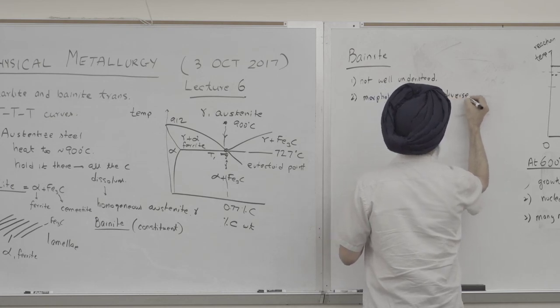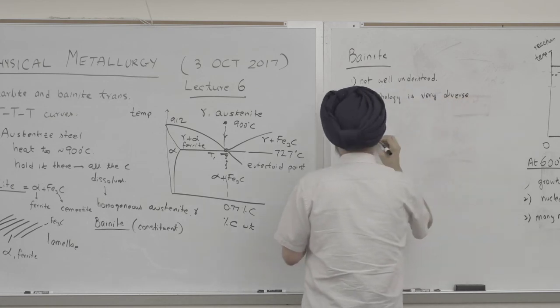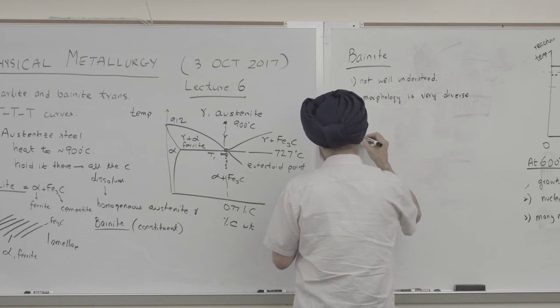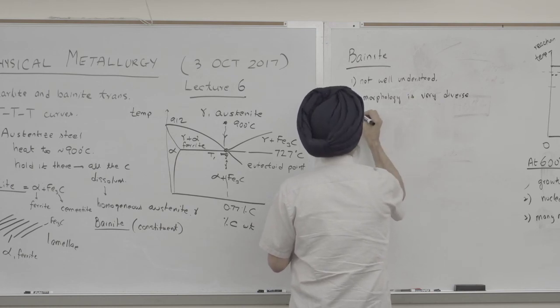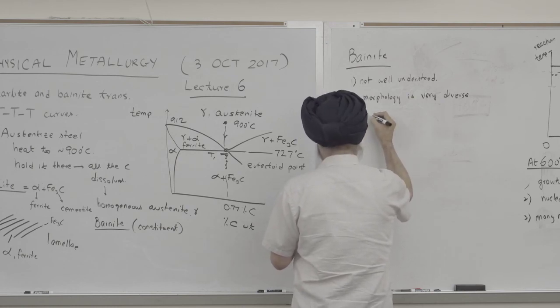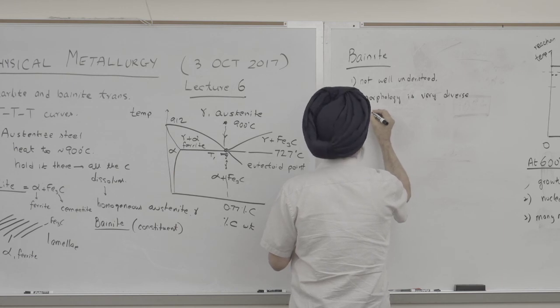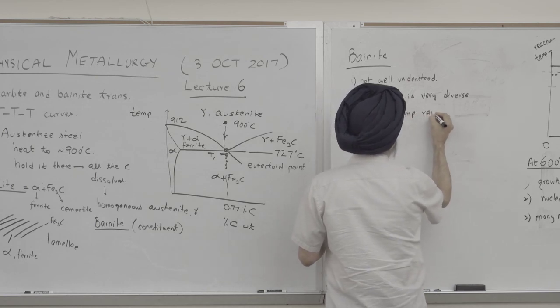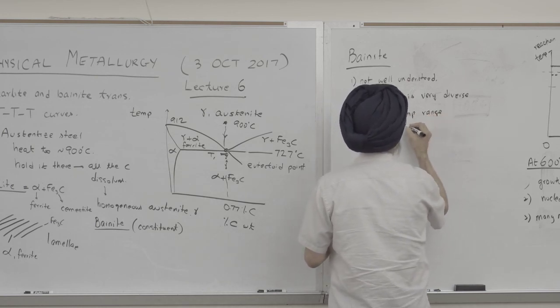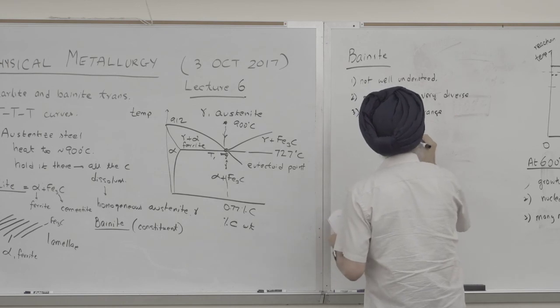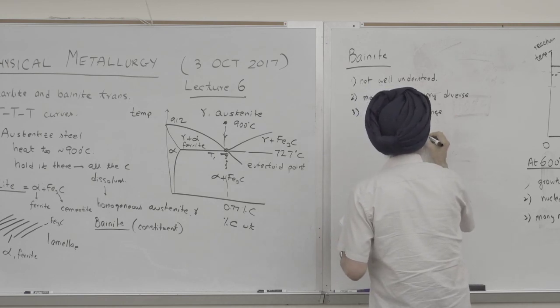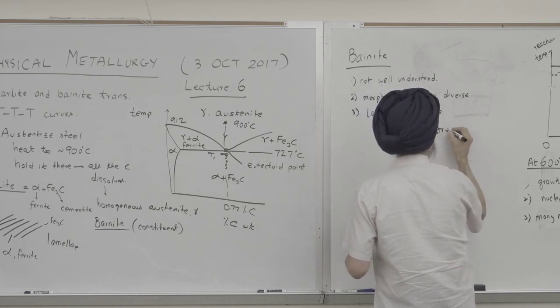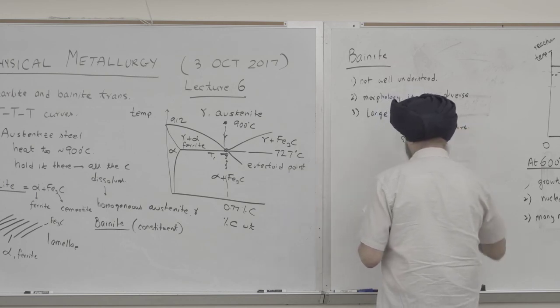All kinds of things happen, and the Bainite transformation happens over a large temperature range. That's not a concern, but in each temperature range, you get a different structure. So it is confusing.